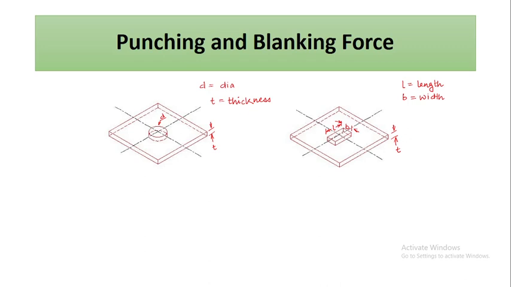So we need to know the amount of maximum force required during this punching or blanking operation. Depending on the shape of the blank or the sheet you need to produce, it can be a circular type, a rectangular type, or a square type. Depending on the shape, you have to find out the maximum force required for the shearing action.